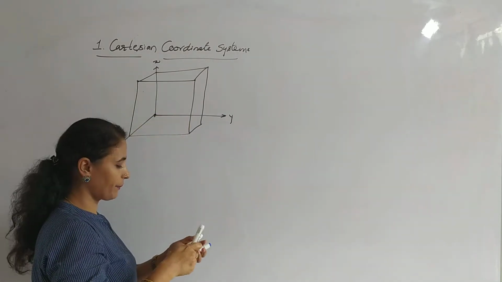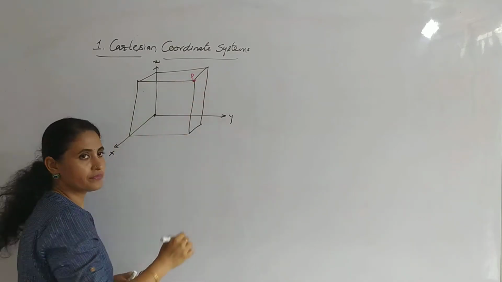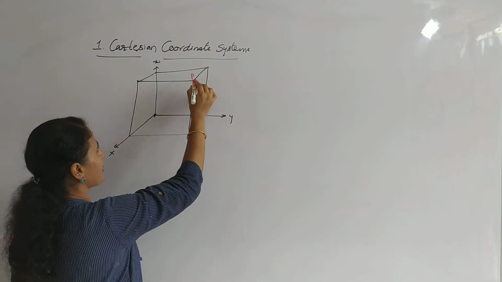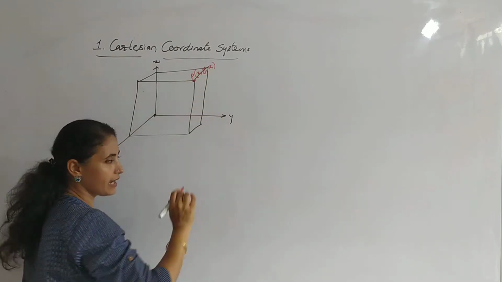There is one point P on the rectangular box. The coordinates of this point P in a Cartesian system are x, y and z.